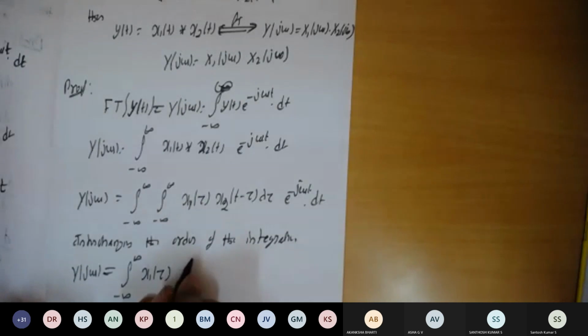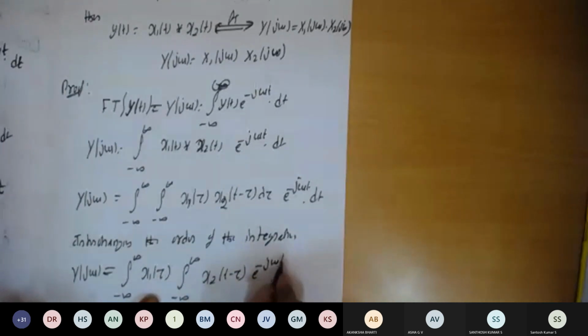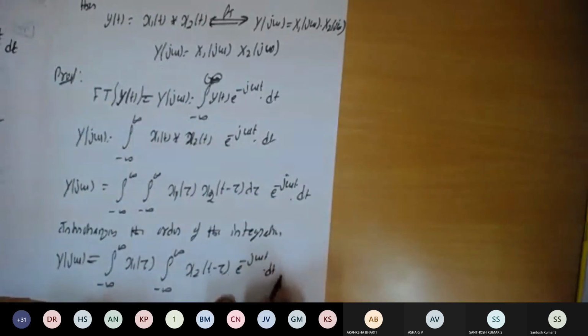The remaining term is a function of t: x2 of t minus tau into e to the power of minus j omega t, into dt, and d tau is written outside because it is the first integral.